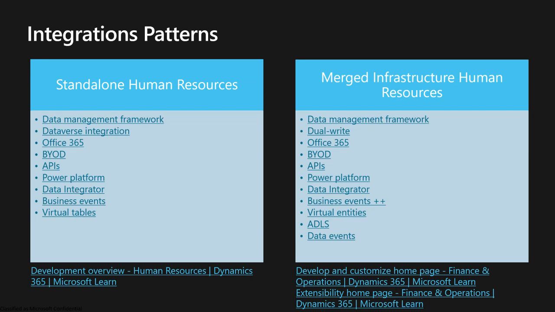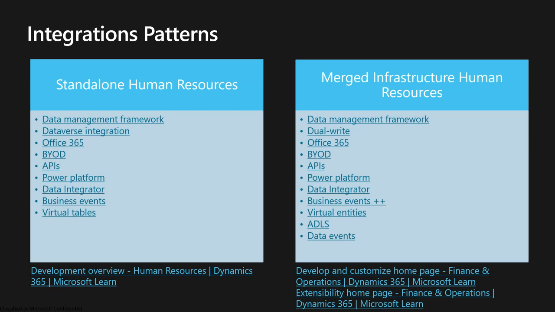So you can still use the data management framework for flat file import and export, or maybe the Office 365 Word or Excel add-ins, BYOD, APIs, OData, and Power Platform in the merged infrastructure human resources. But a few have been moved to the new pattern. For example, the virtual table in the standalone HR will be supported by the virtual entity in merged infrastructure HR, and we will discuss it in the coming slides.